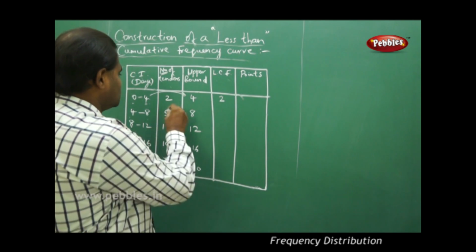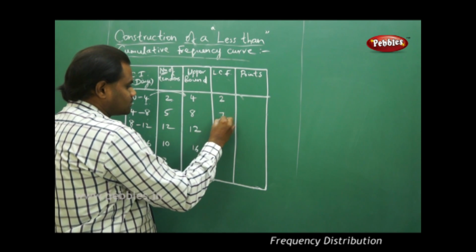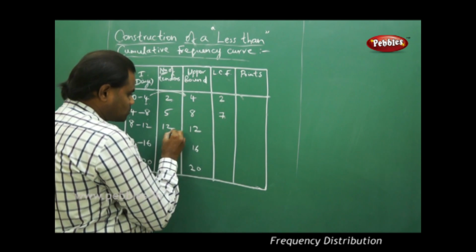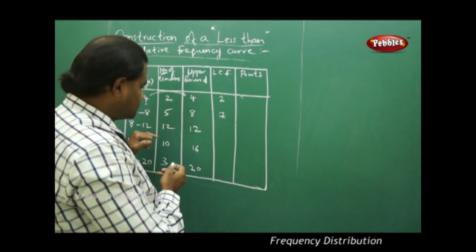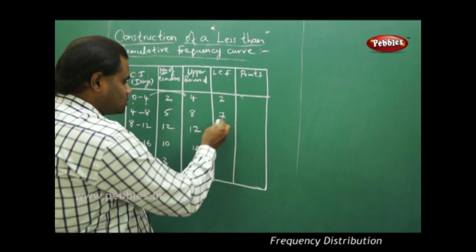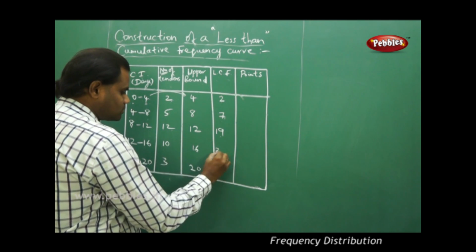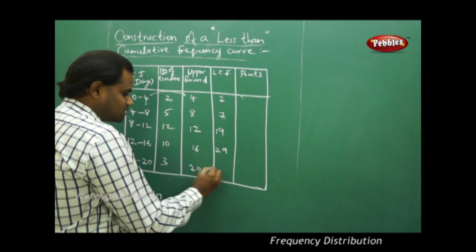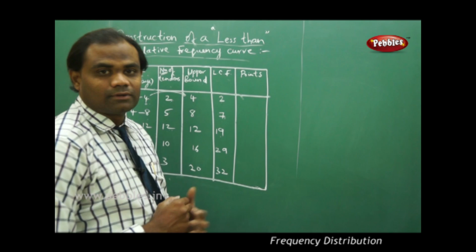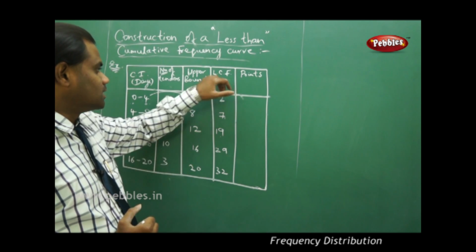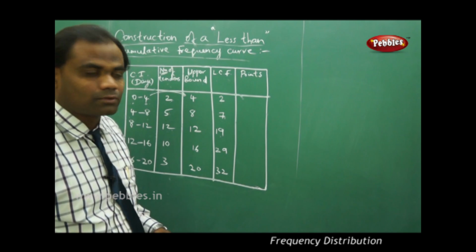So 2, and then 2 plus 5, which is 7, and then 7 plus 12. I add the respective previous value with the given existing frequency. So 7 plus 12 is 19, and 19 plus 10 is 29. 29 plus 3 is 32. So this is how I get each of the values for the less than cumulative frequency, constructed stepwise from top to bottom.